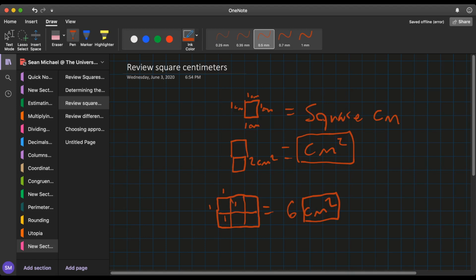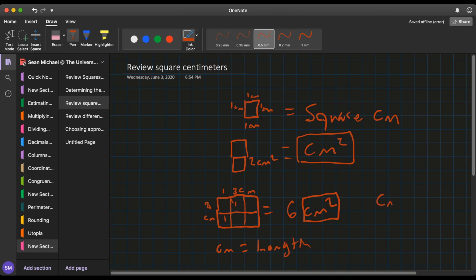Now the length here is 3 centimeters, and the width is 2 centimeters. And so you see how there's a difference, right? So centimeters is how we measure length. So centimeters or meters or anything without a 2 is how we measure length.